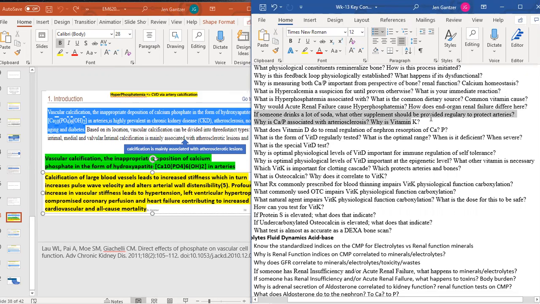So if someone drinks a lot of soda, what other supplements should be provided to protect the arteries? And of course, that is your vitamin K, especially your K2, menaquinone. Remember, your menaquinone, which we will analyze down here, is going to be K2.